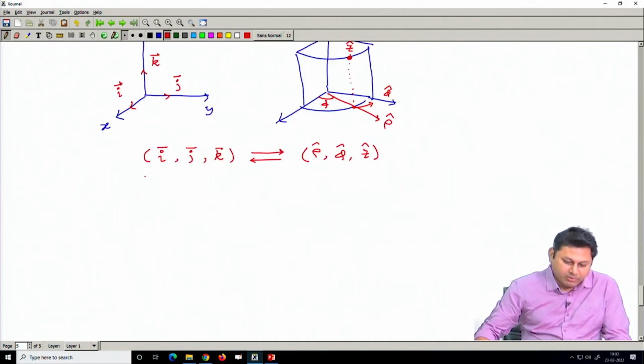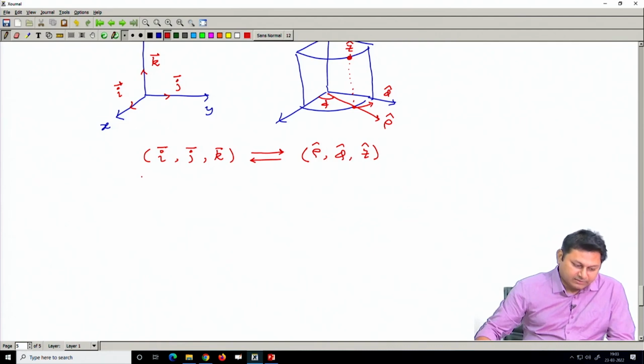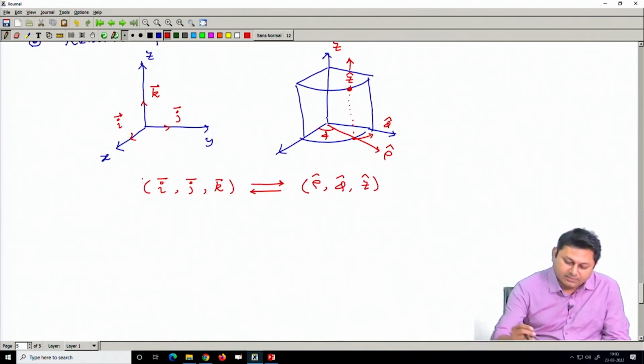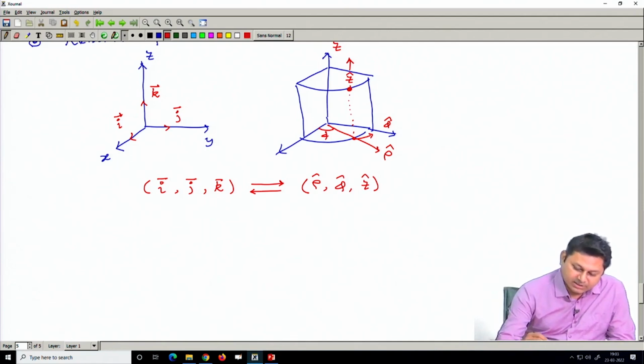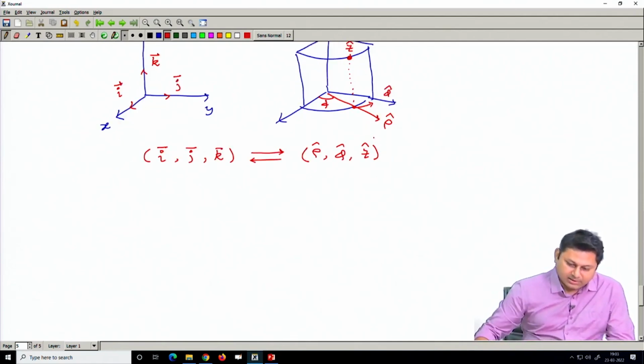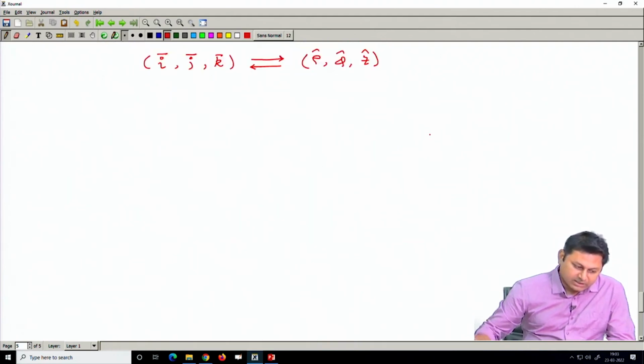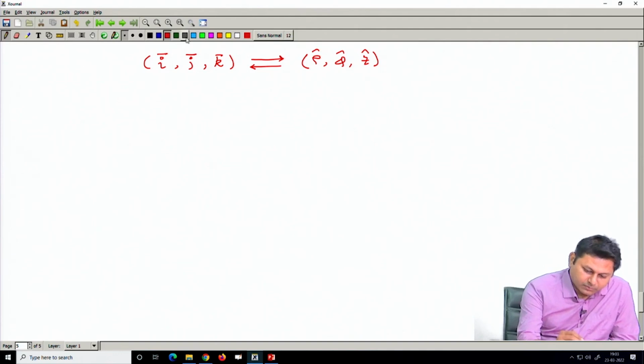So, you can see from the figure that now if I draw another figure, so just make a projection of this portion, and if I do the projection of this figure, it will look like this. Then it will be easier to understand.